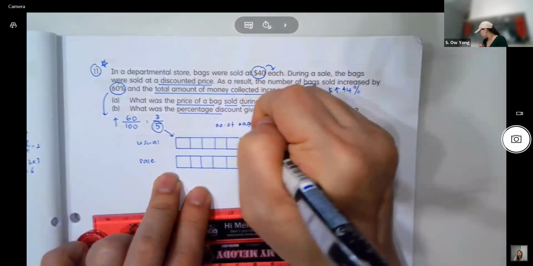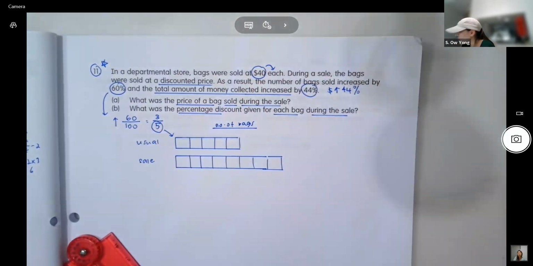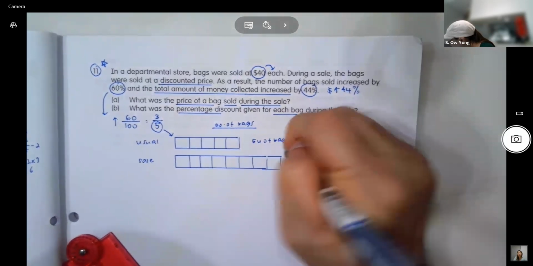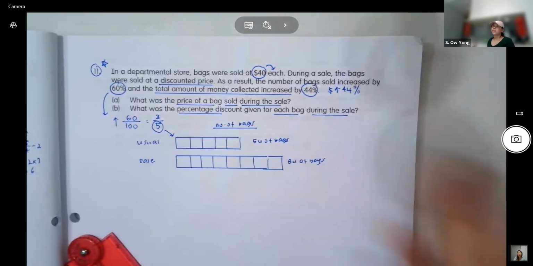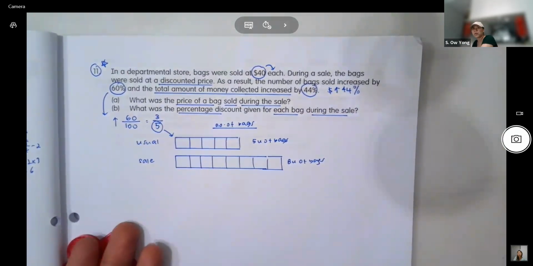And you are quite happy with that. You say, wow, the usual, I can only buy 5 units of bags. During a sale, now I can buy, this is called 5 units of bags, this is called 8 units of bags. During a sale, because I paid less money, I can actually sell more.